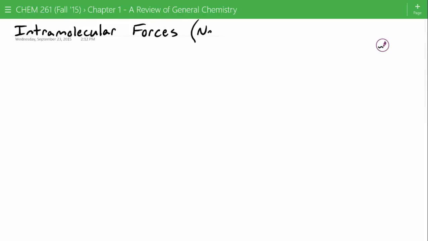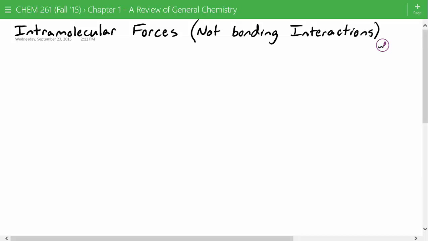These are non-bonding interactions. So far, we've been talking about covalent bonds, but molecules interact in other ways besides just a true overlap of orbitals.